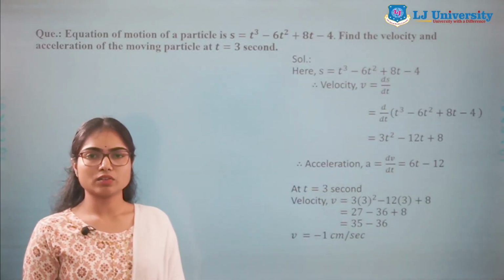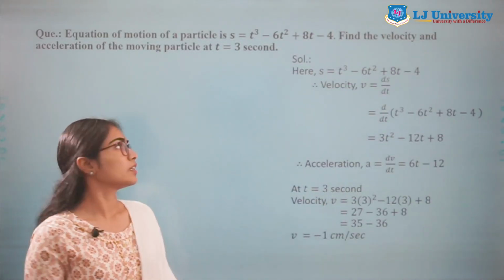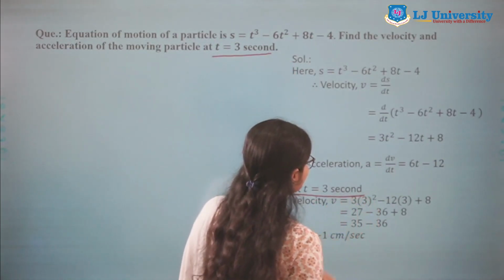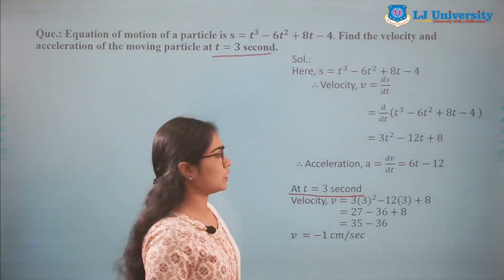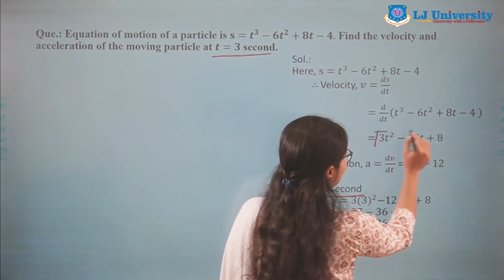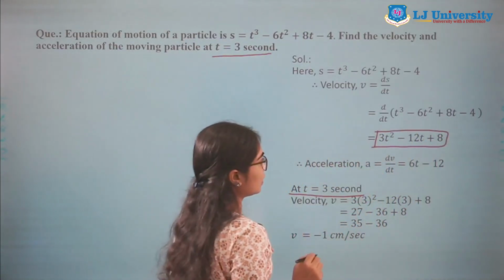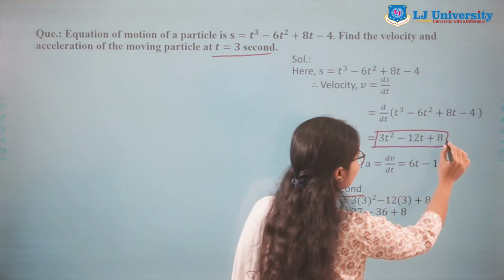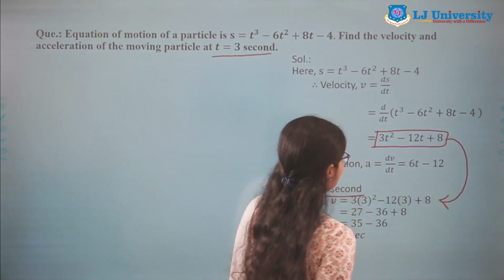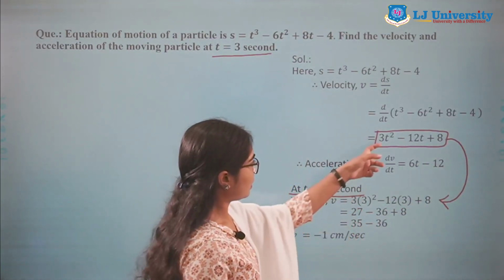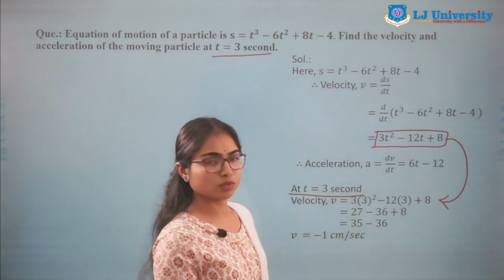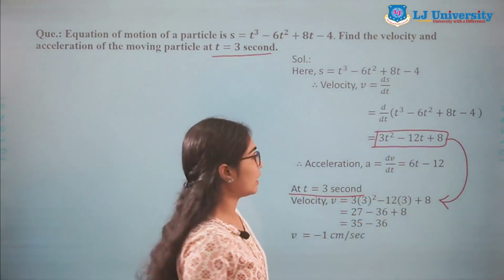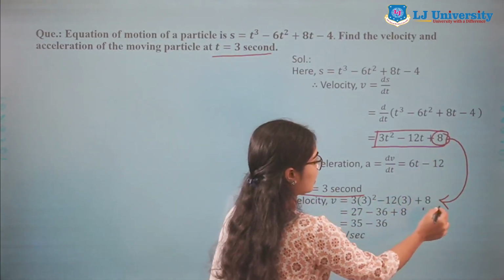Now we have to calculate velocity and acceleration at t equals 3 seconds. So at t equals 3 seconds, we have to find velocity here. We calculated velocity as 3t square minus 12t plus 8. So we put t equals 3 here, that is 3t square equals 3 into 3 square, minus 12t is minus 12 into 3, and plus 8 as it is.